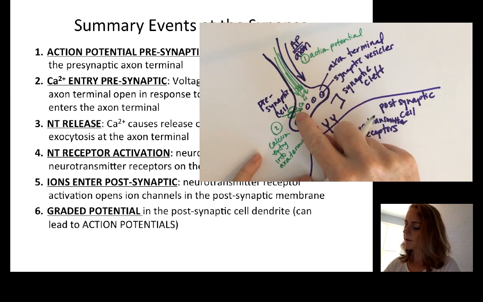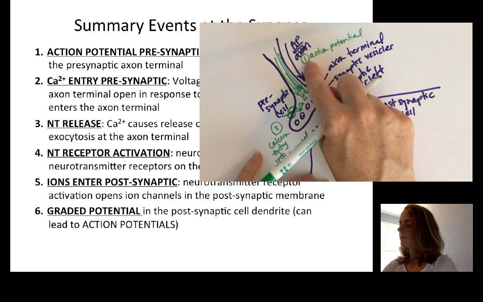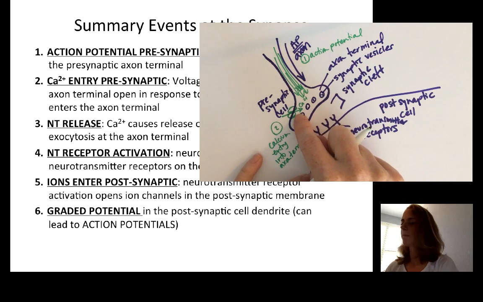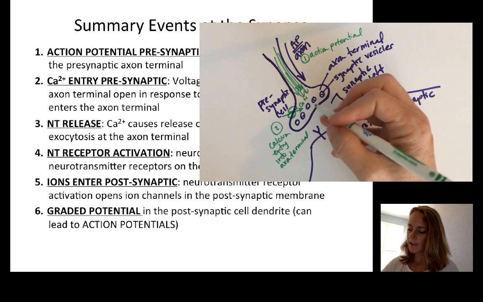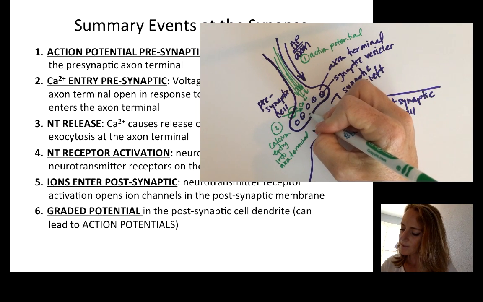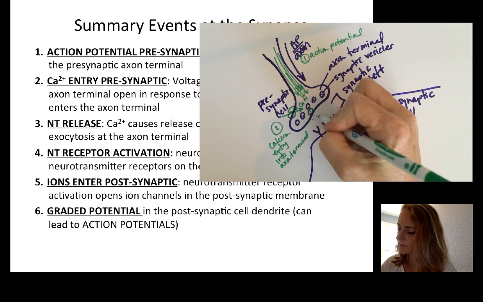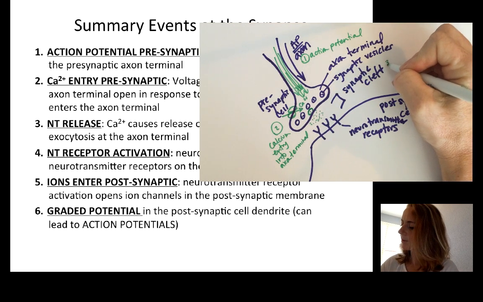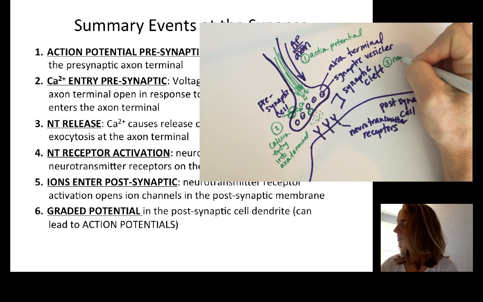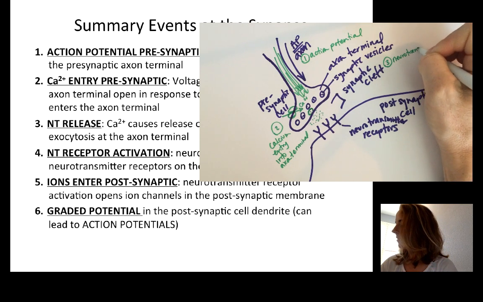So calcium is going to come into the axon terminal as a result of the voltage changes from the action potential. Step 3 is that this calcium is going to trigger the vesicles to release neurotransmitter. So let's write that over here. Step 3 is going to be neurotransmitter release.